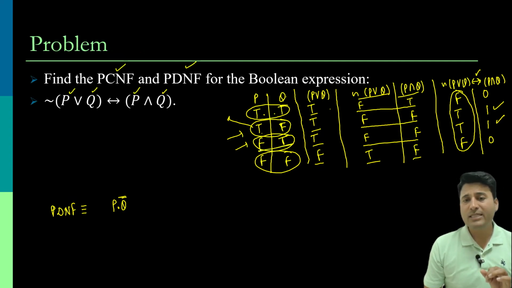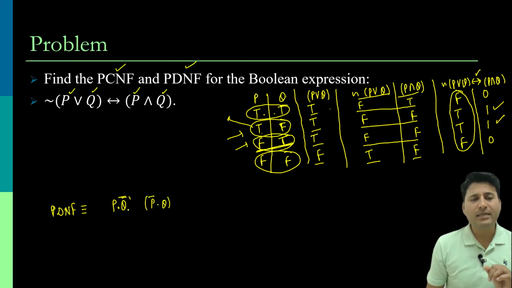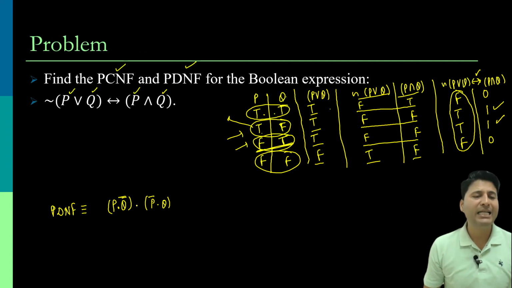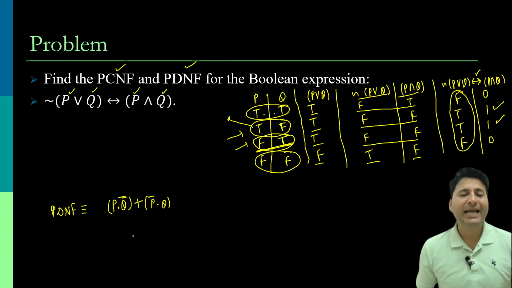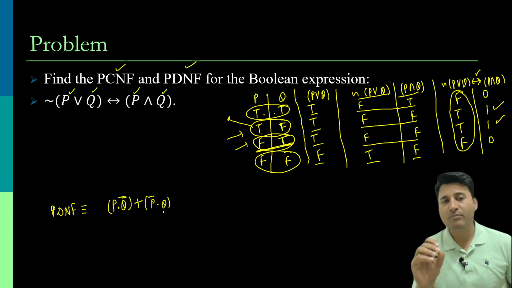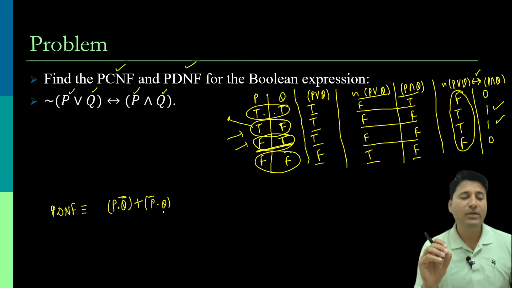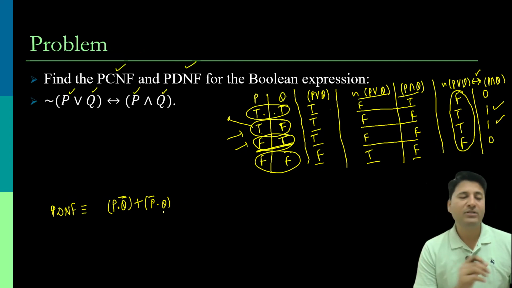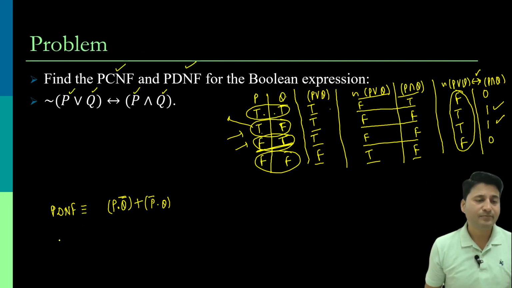Now, this is also the second minterm. So this is F. F means complement. T means as it is. So these are the two minterms which give output as 1. We are writing PDNF, so when we add them, we get the principal disjunctive normal form for this Boolean expression.